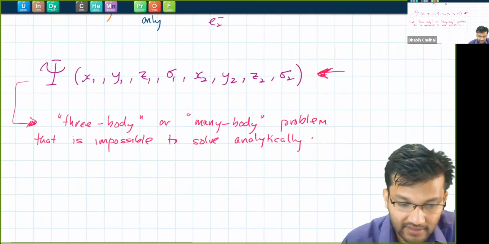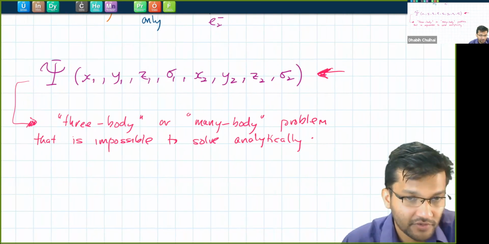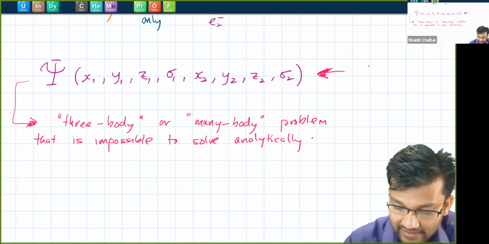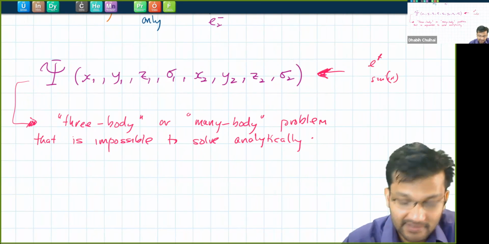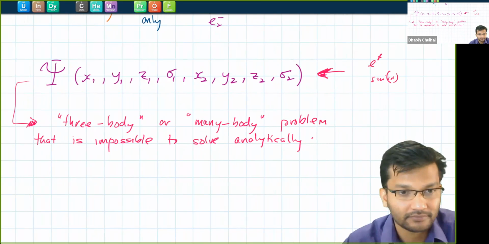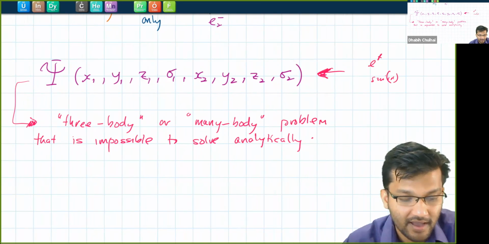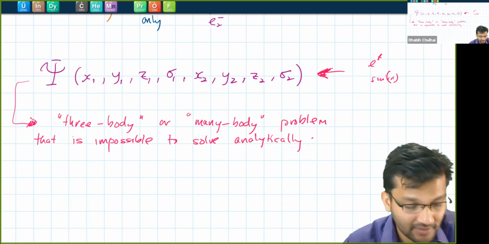Basically, in all of mathematics, we don't have a function for that. Like, e to the x, that's a function, or sine of x, that's a function. Nobody in maths has come up with a function to describe three-body motion. I blame mathematicians. I feel like we'd get much farther in life if they had come up with a solution.